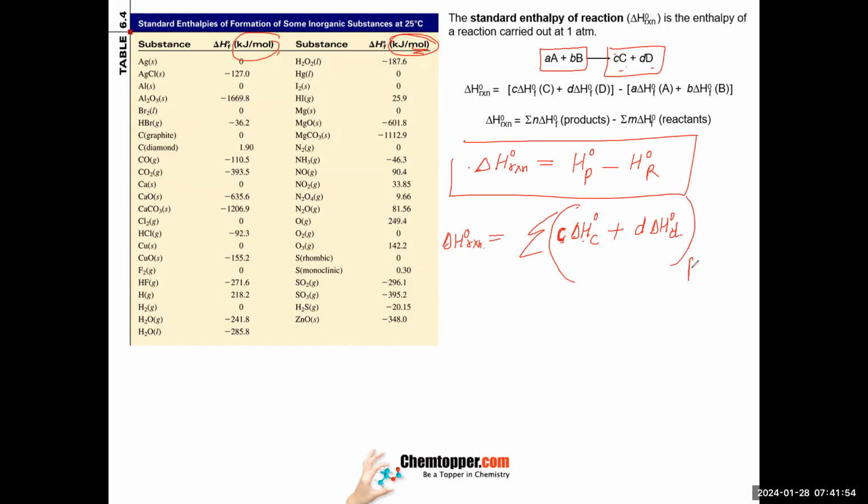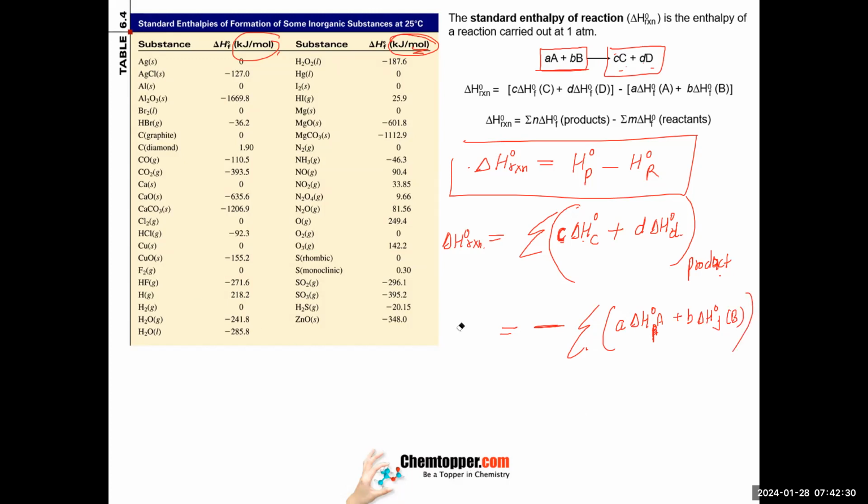This is the products: summation of the enthalpies of the products with their coefficients, minus the reactants. Now you have to put them in parentheses because there are two reactants. So a times delta H naught formation of A plus b times delta H naught formation of B. Close the parenthesis.